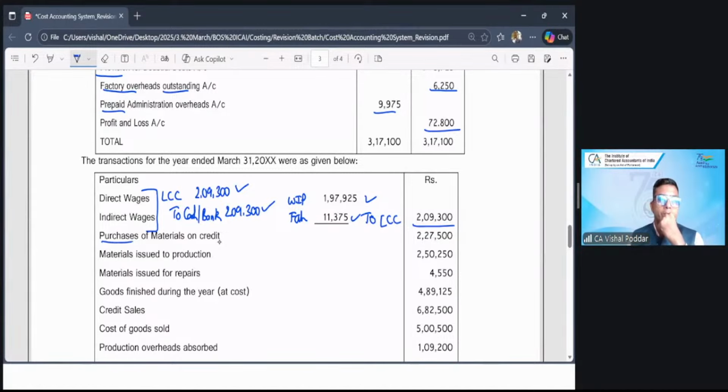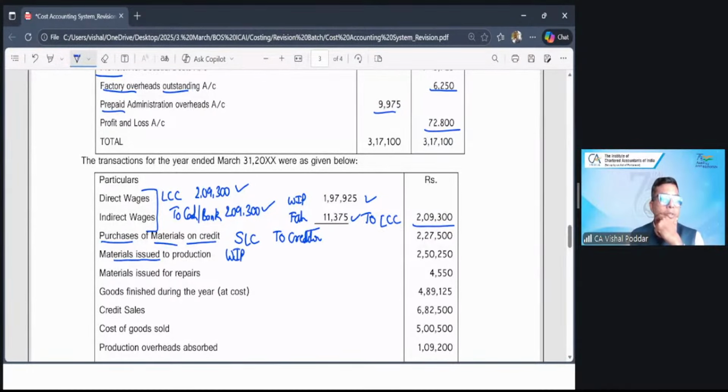Next, purchase of material on credit. So material account debit to creditors because it is on credit. And now under integrated, you have a separate availability of account head for creditors, debtors, etc. So we'll pass it through the creditors account. Material is sent for production.